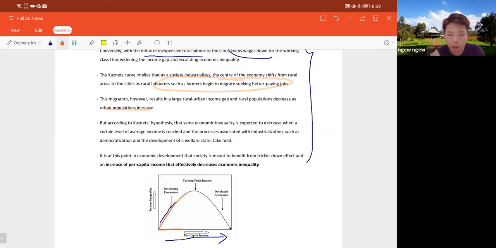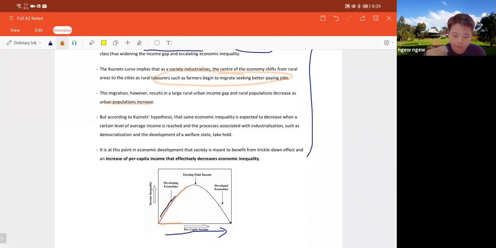So according to this Kuznets hypothesis, when the country becomes more and more developed, people are more and more educated, and therefore more and more aware of their human rights, and the government is offering more and more social welfare and so on.